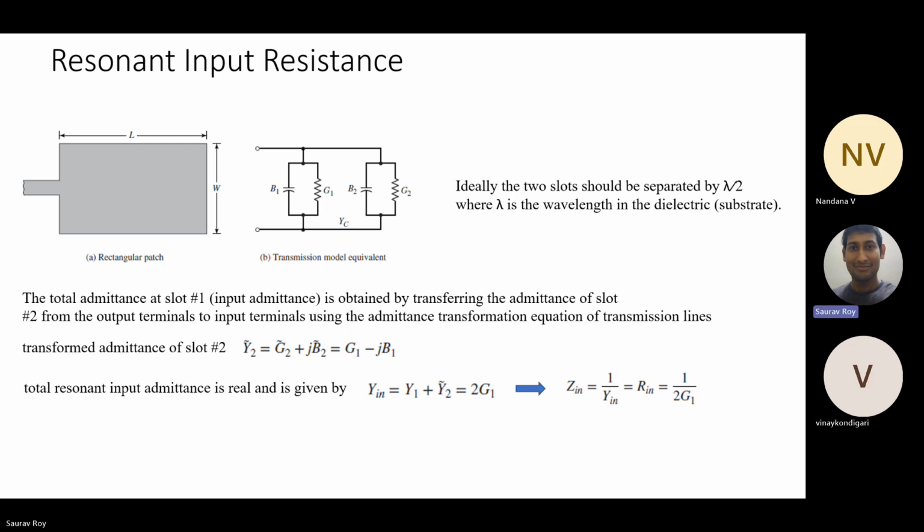Now you tell me what is not clear here. Do you understand how this input resistance is calculated through these two radiating slots?